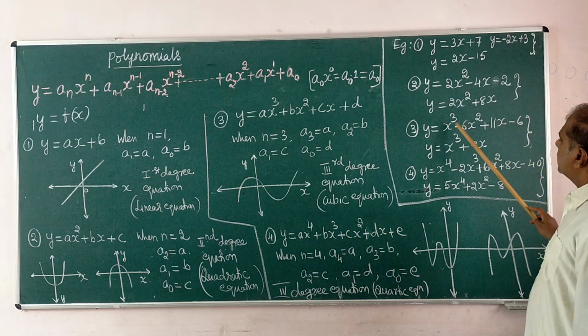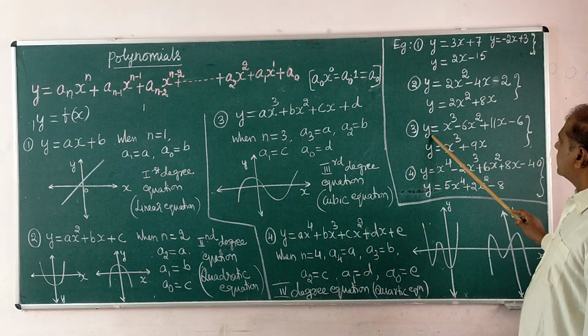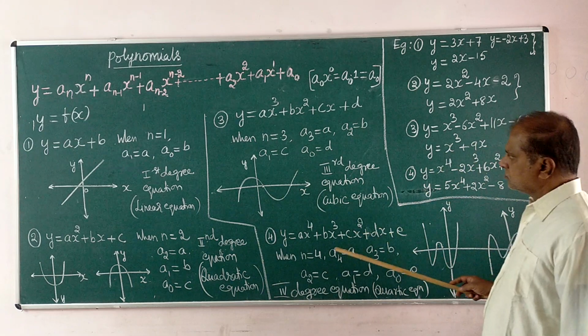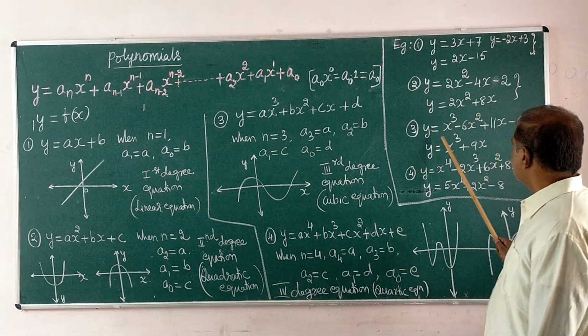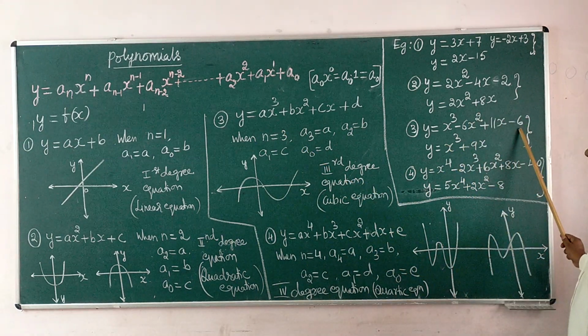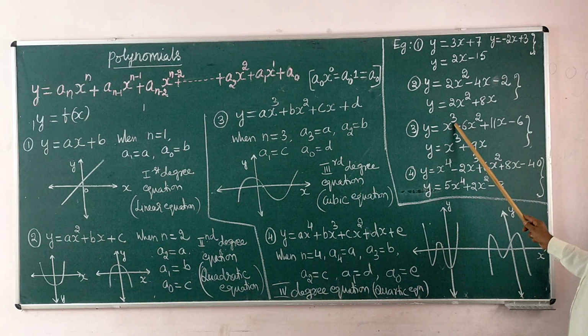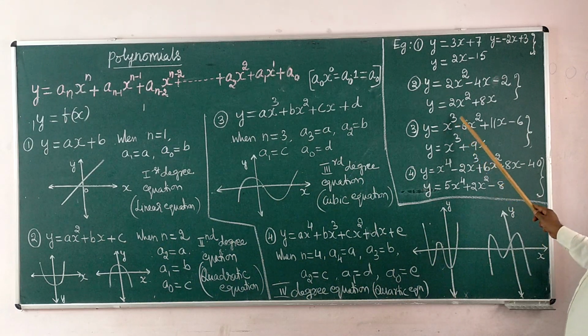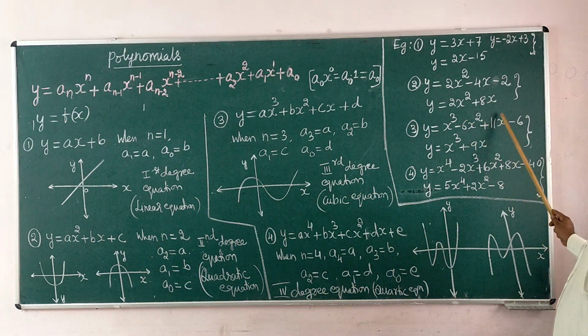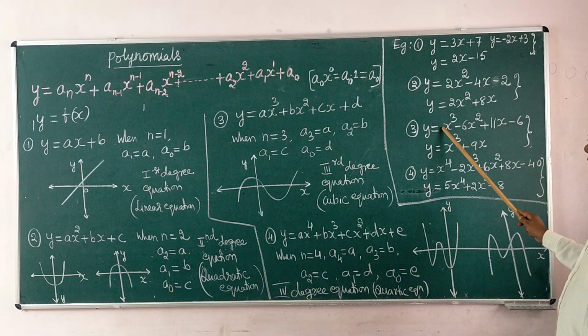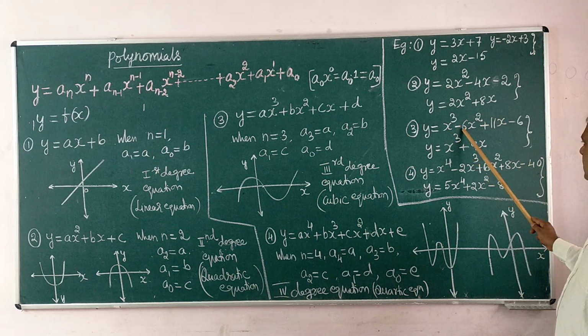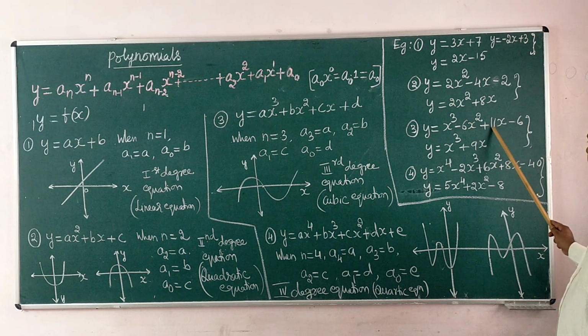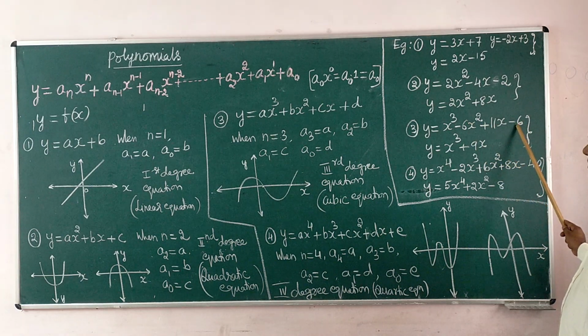That is a third degree polynomial, where y equals an equation of this type. Examples of third degree polynomial: x cube, x square. A is 1, B is minus 6, C is plus 11, D is minus 6.